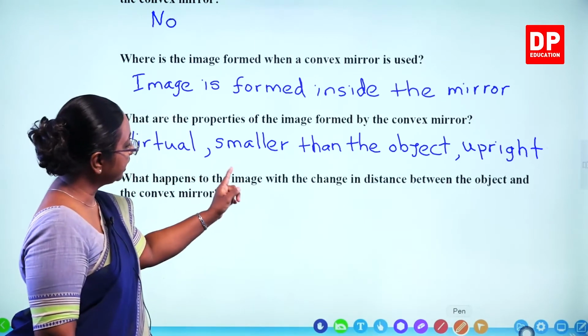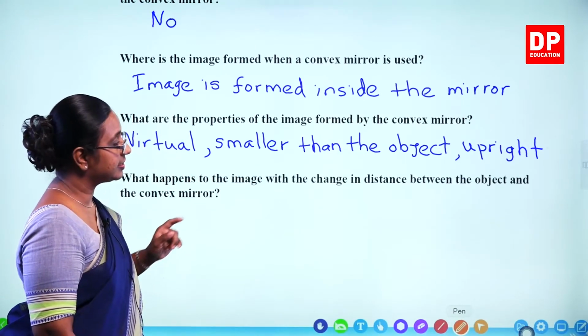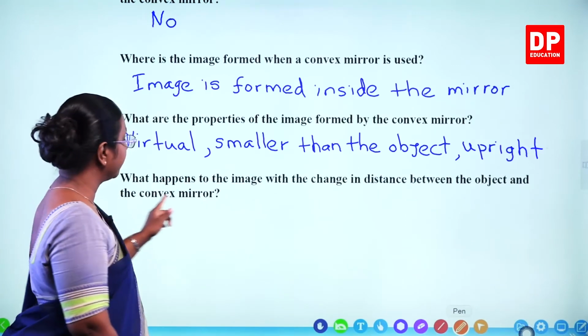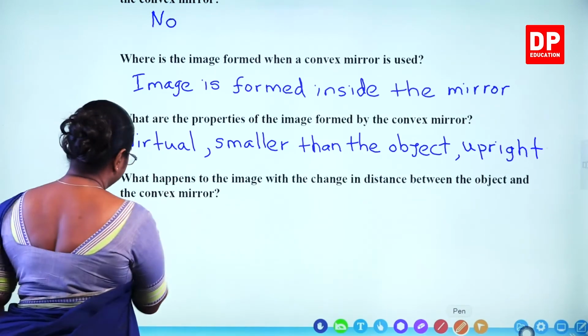What happens to the image with the change in distance between the object and the convex mirror?